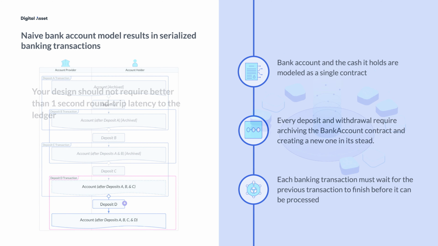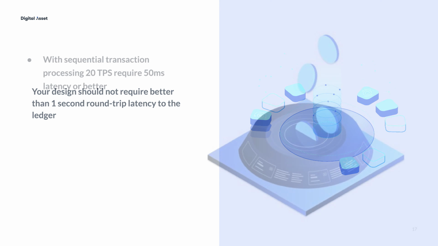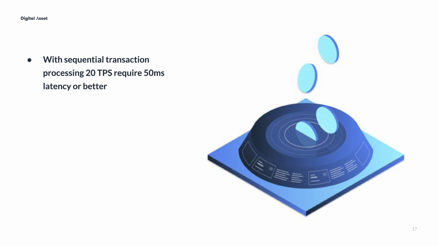From the last lesson, we suggested this rule of thumb. Your design should not require better than 1 second round-trip latency to the ledger. At 20 transactions per second, we would require 50 millisecond round-trip latency to complete 1 transaction at a time.